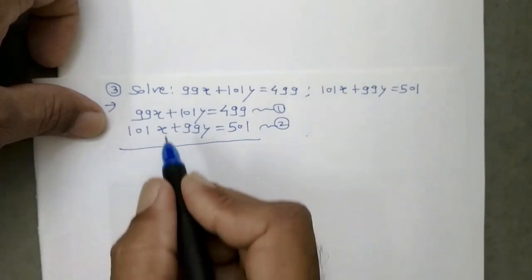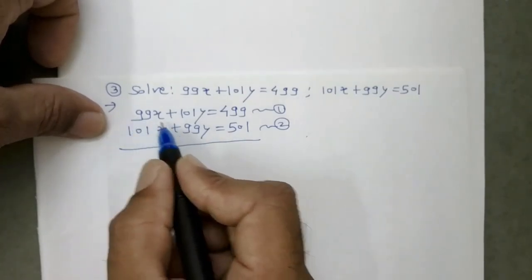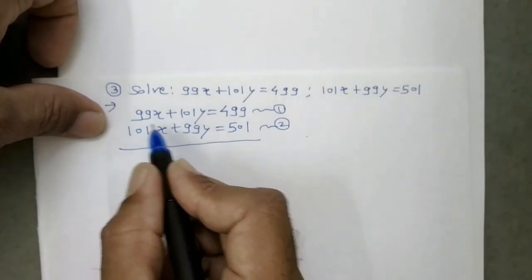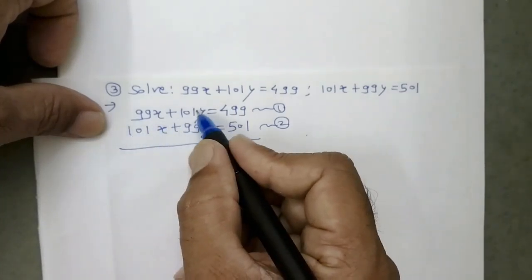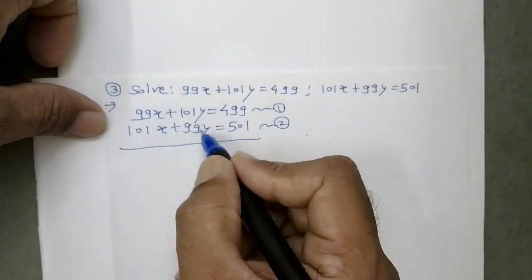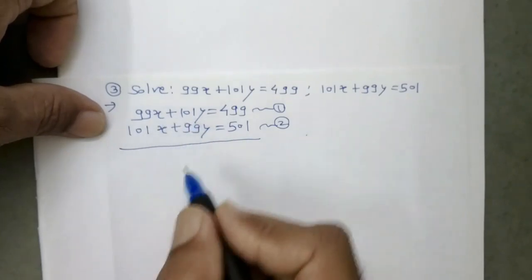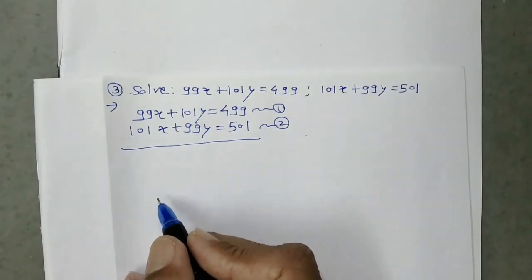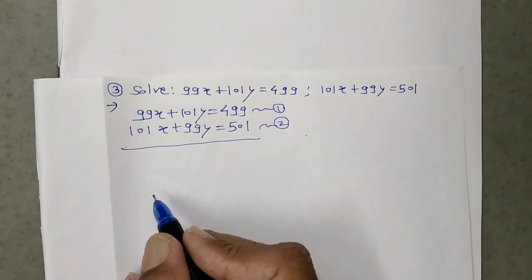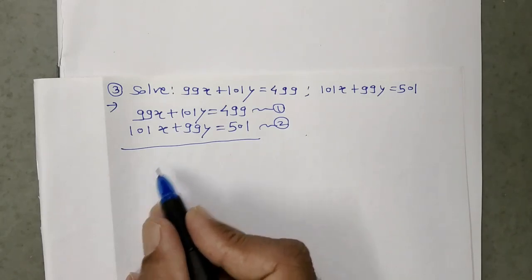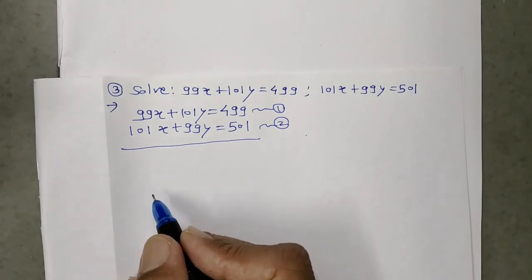Therefore, we observe that the cross coefficients are equal, 99, 99, 101, 101. If cross coefficients are equal, then first take addition, we get one equation. By taking subtraction, we get another equation. And by solving these two equations, we get answers.